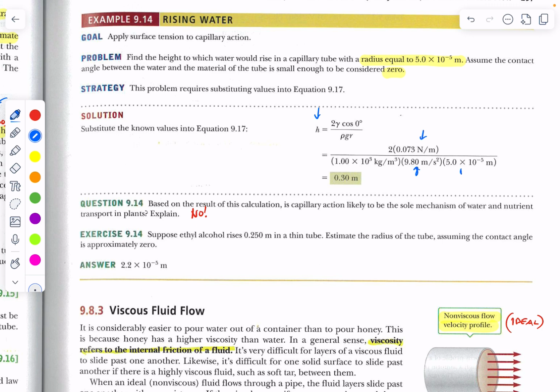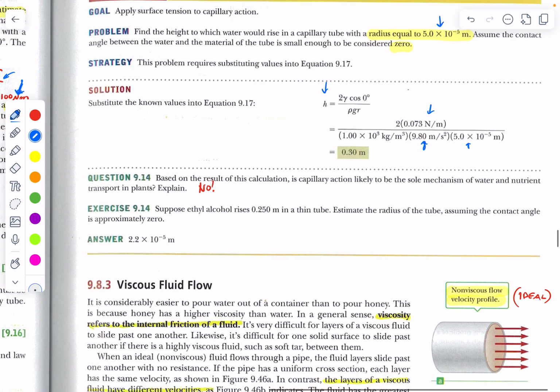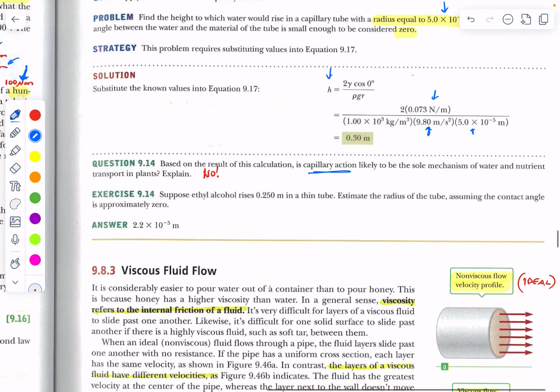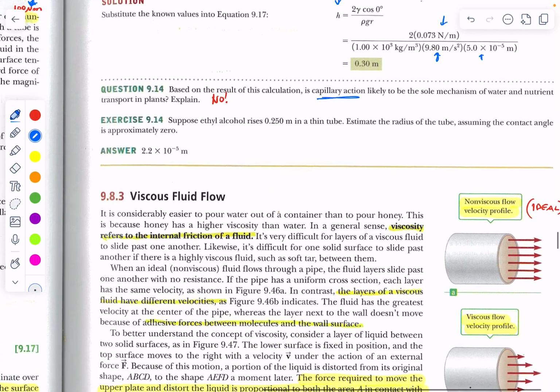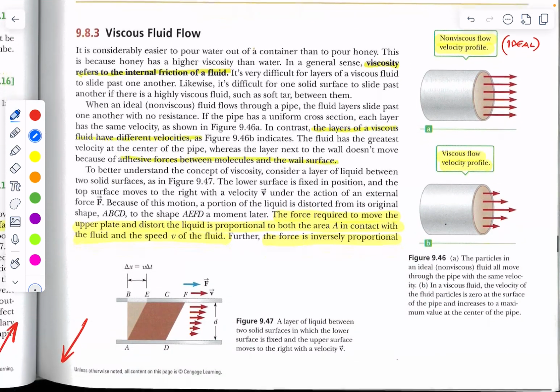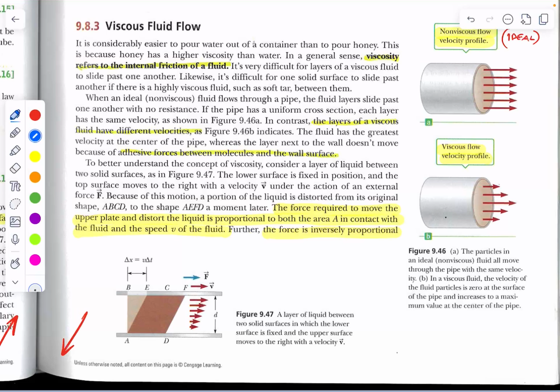Here's the radius right here. And there's a lot more than capillary action necessary to get the water and the nutrients and salts to go from the roots of a plant all the way up to the top of the plant where the leaves are carrying on photosynthesis.